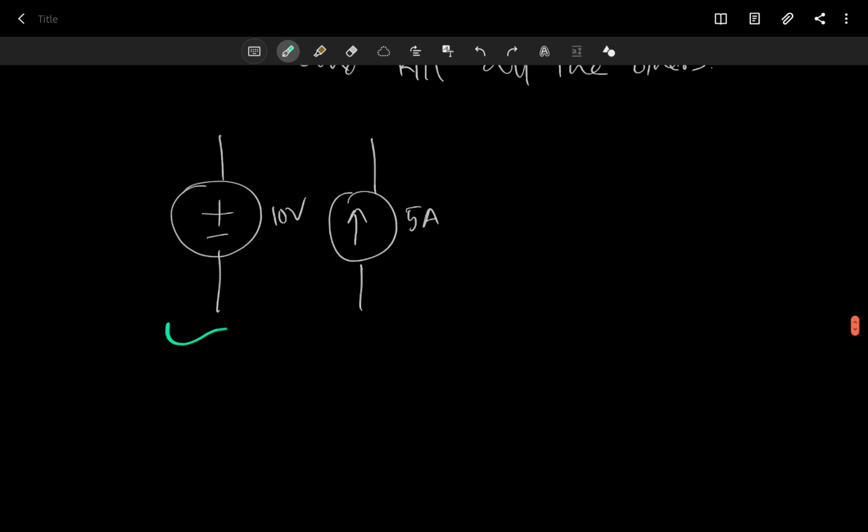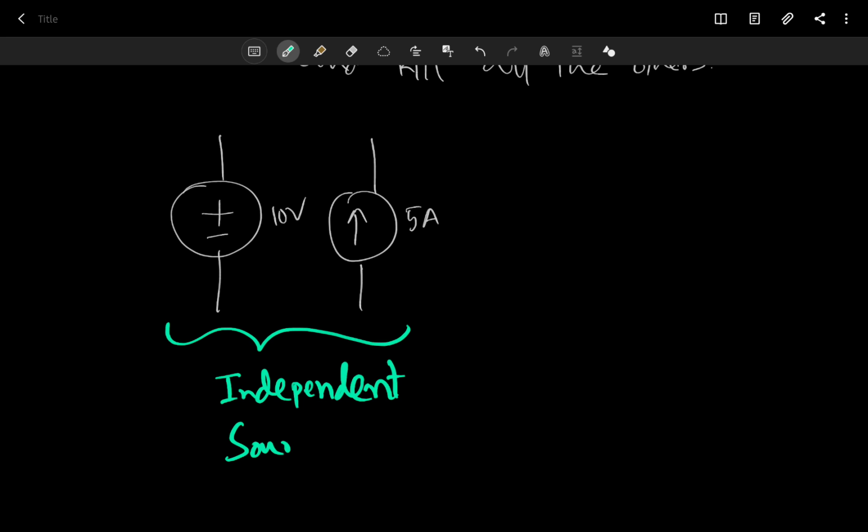So they are not dependent on others. Their values are not dependent on others. Okay, they are independent sources. This is an independent voltage source, and this is an independent current source.